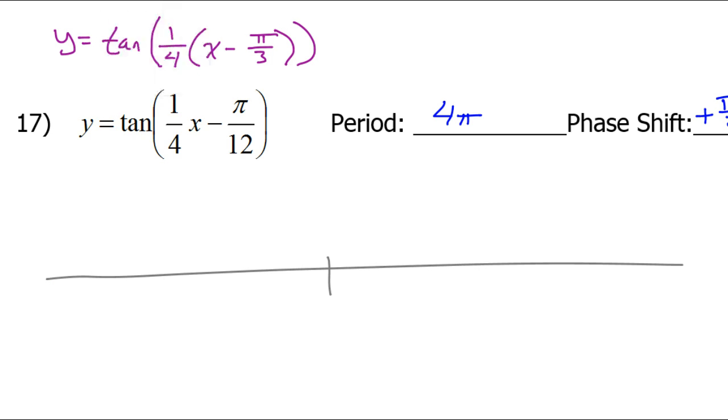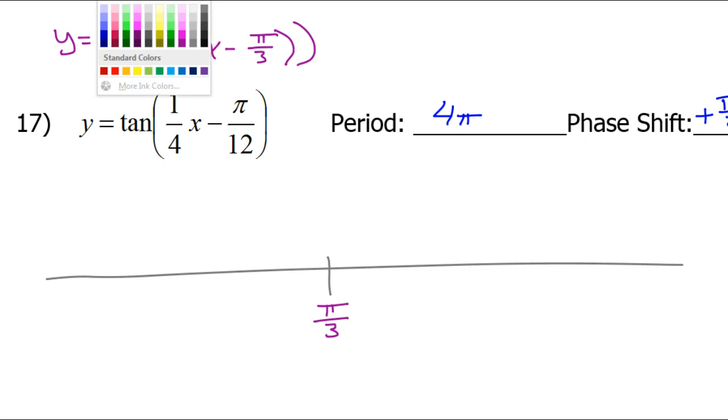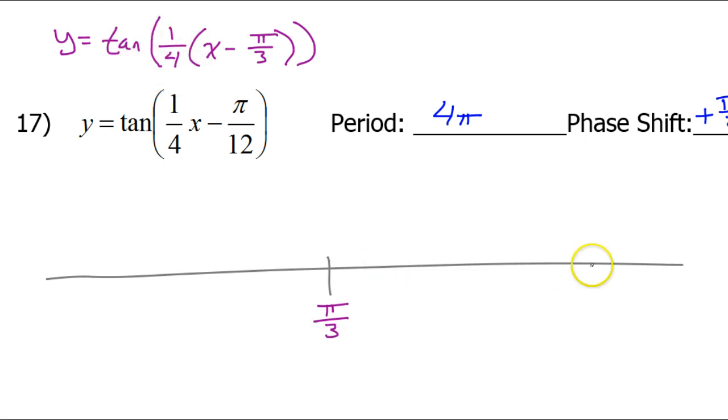Okay, and so my first mark will be called pi over 3 because that is the phase shift. So I'm going to put 4 marks going to the right. So it'll be like this. Okay, 1, 2, 3, 4. And I will go ahead and put 4 marks going to the left as well. So 1, 2, 3, 4.